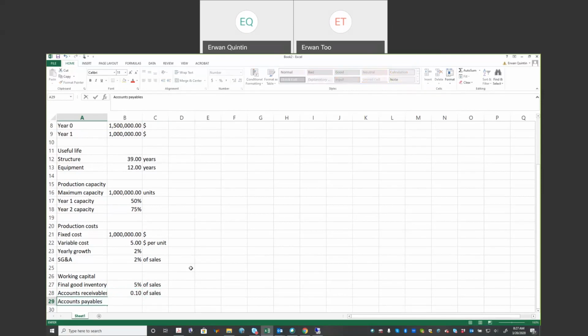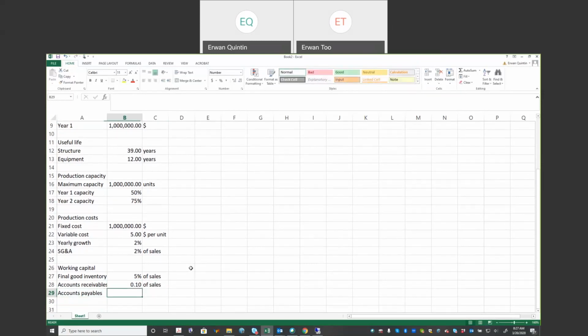So if I look at my payables, I'm also going to get a delay in terms of when I have to pay my suppliers, and by assumption, looking at the case, this is going to be 10% of variable cost. Okay, let me format those properly. Very good. So this is my working capital.